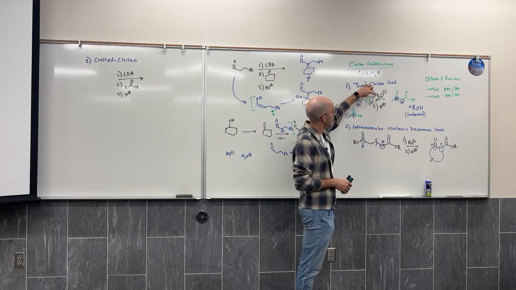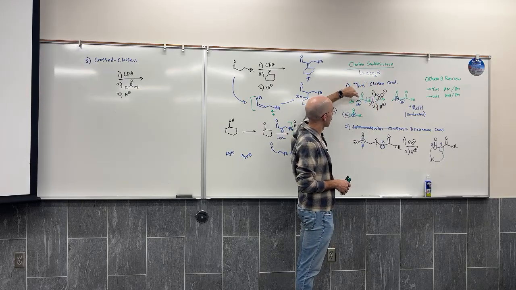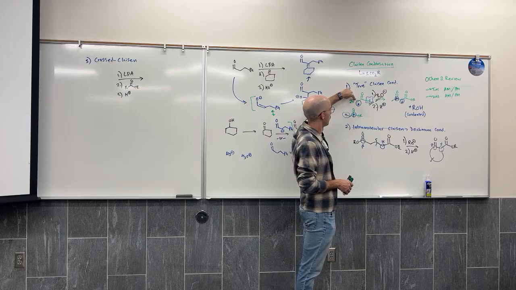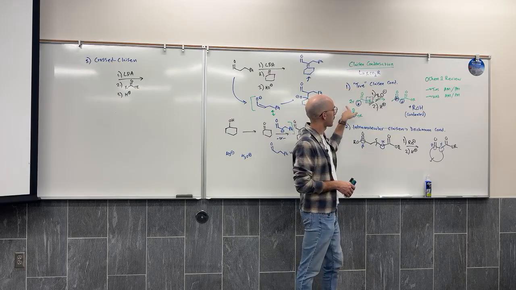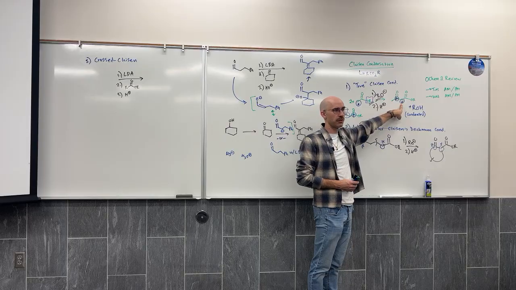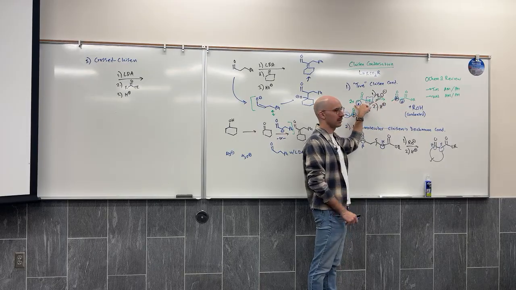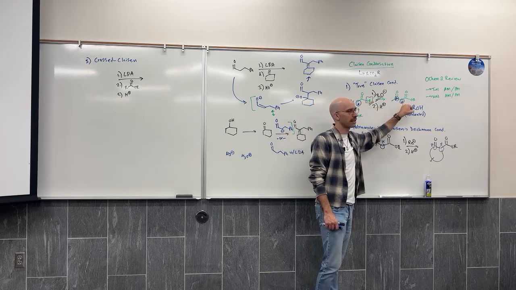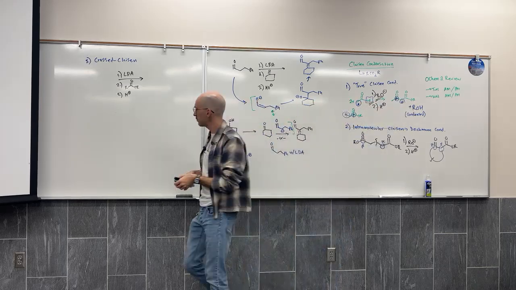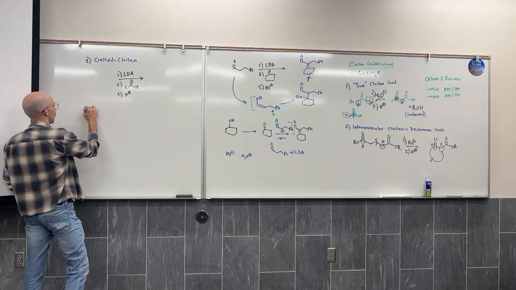So that means the alkoxide is deprotonating the ester, and then it's being reformed by the time the beta keto ester is produced. What's more acidic, the alpha carbon of an ester or the alpha carbon of a beta keto ester?